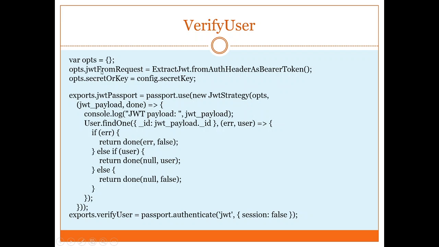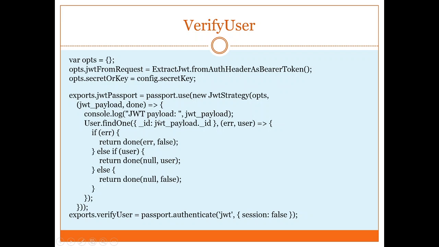What are the options? jwtFromRequest, which extracts the token, removing the bearer and header information, and the secret key, which is in our config file. We are setting these two options, and the payload is whatever information accompanies the token, and done is our callback function.